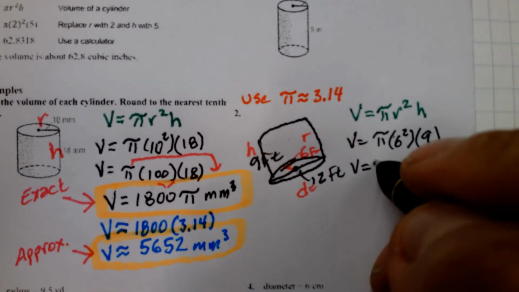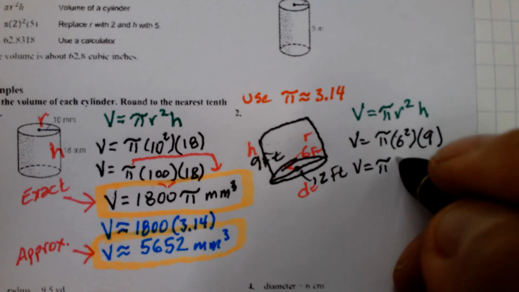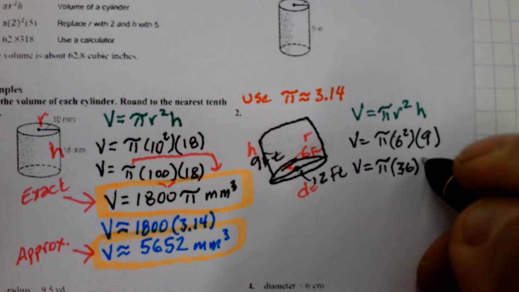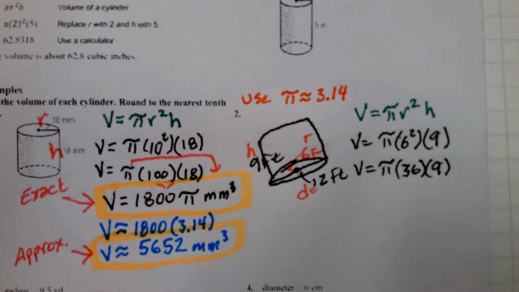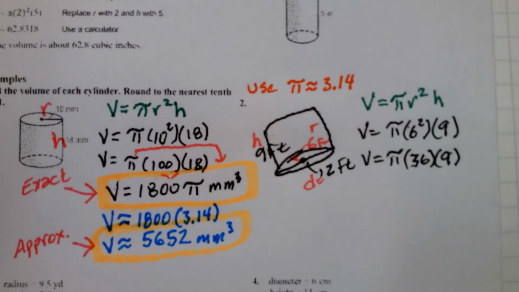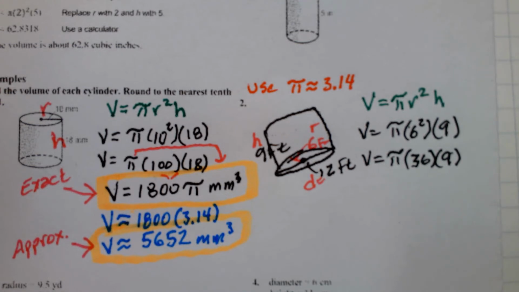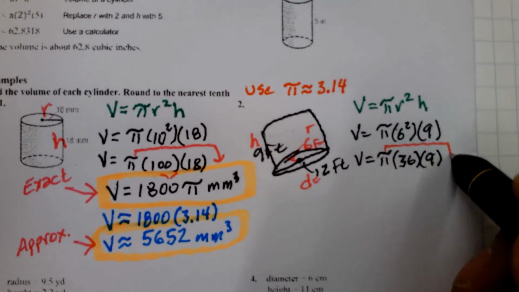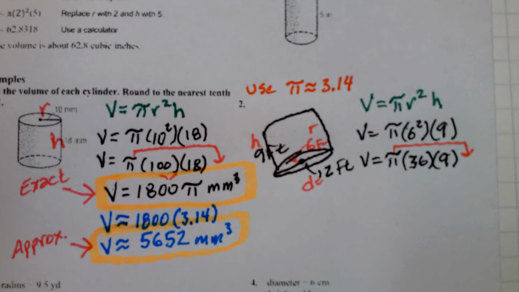So pi times 36 times 9. So this is what I got, pi times 36 times 9. Well, we're almost there. Let's do this. Take pi, it's going to go at the end, but we still got to multiply 36 times 9. On your calculator, type in 36 times 9.